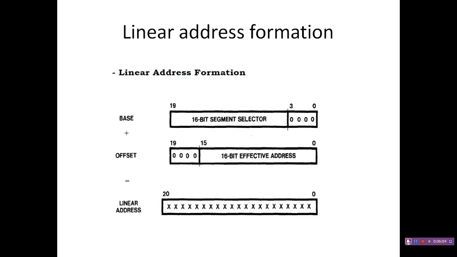Because of the possibility of a carry, the resulting linear address may contain up to 21 significant bits. Therefore, 8086 program may generate linear address anywhere in the range of 0 to 10FFEFH.